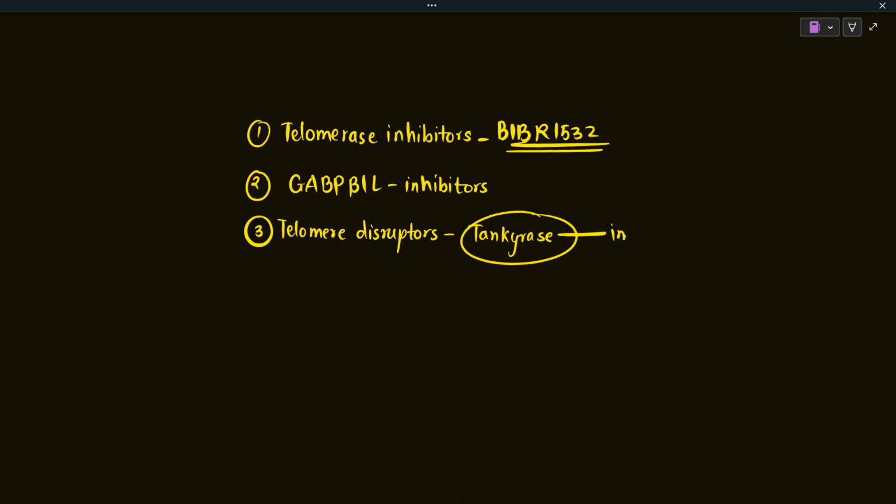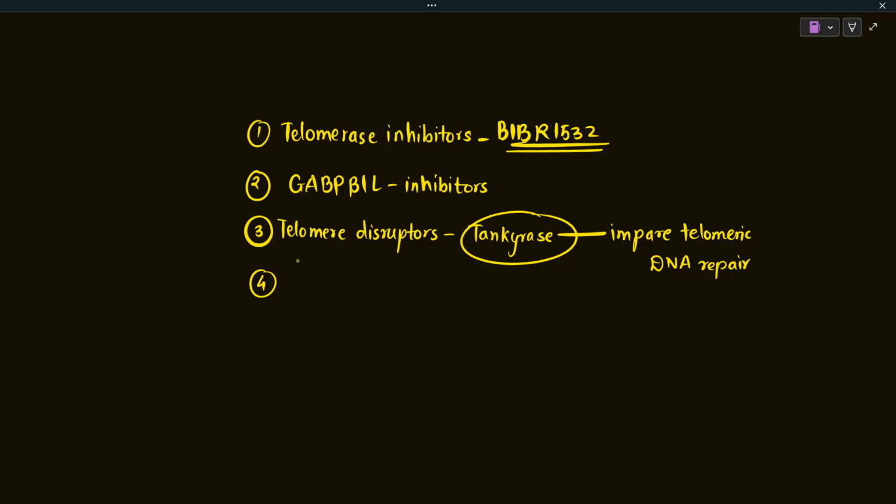What does it do? It impairs telomeric DNA repair. So now, as the telomere DNA will not be repaired, telomere length will keep shortening, and that will eventually lead to apoptosis or cell cycle arrest.